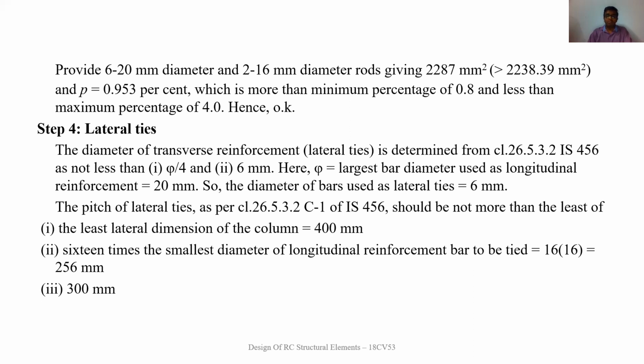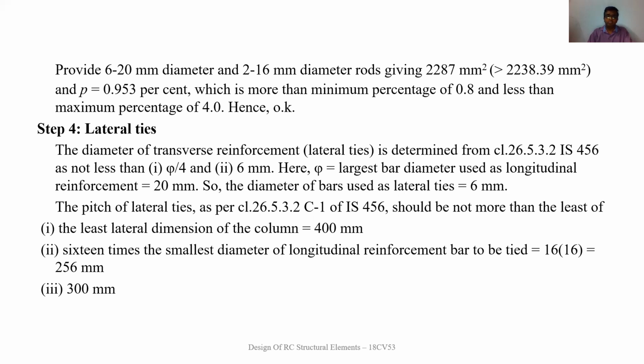As per clause 26.5.3.2 of IS 456, the pitch of lateral ties should not be more than the least of, first, the least lateral dimension of the column, which is in this particular case 400 mm, and second, 16 times the smallest diameter of the longitudinal bars to be tied.